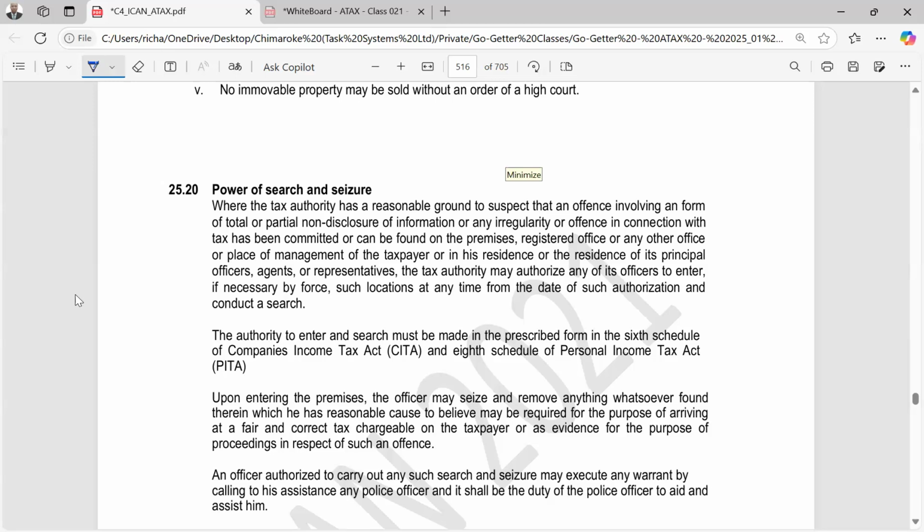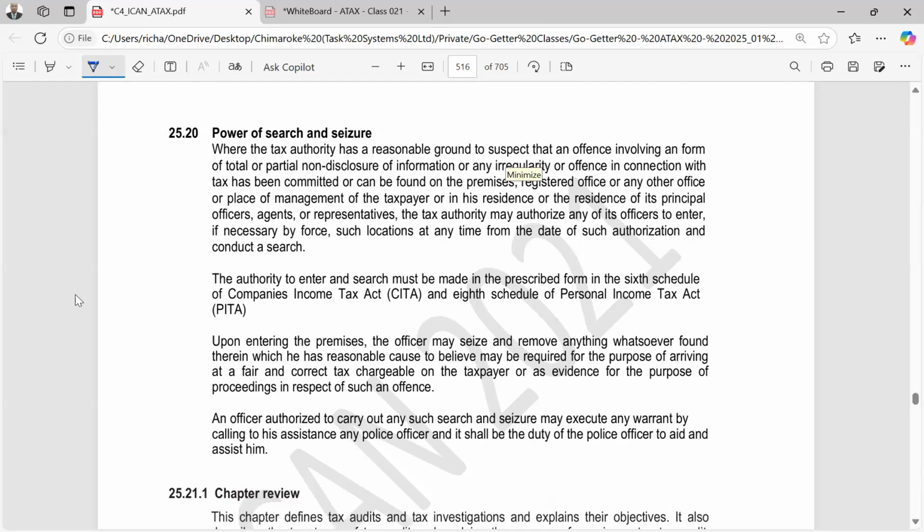These are usually carried out by law enforcement, not government workers that are not armed. Now, upon entering the premises, the officers may seize and remove anything that they find in that place.